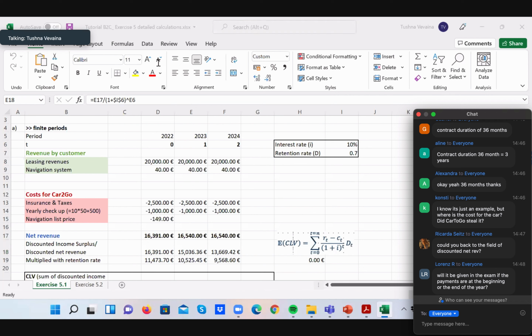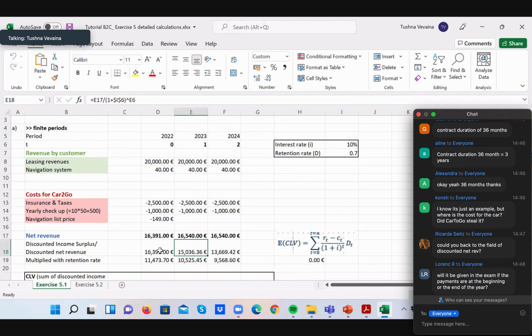No worries. Then, could you go back to the field of discounted net revenue? Yeah, okay. Will it be given in the exam if payments are at the beginning? It should be given, but ask this on Ilyas as well if you want more clarity. You can ask it with respect to CLV, because I'm not setting the paper, so I don't know what will come. Your assistant professors or the PhD students might be able to help you better.